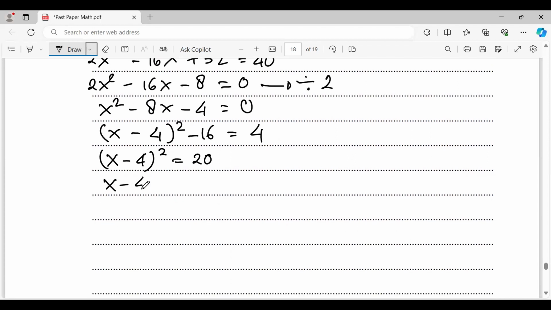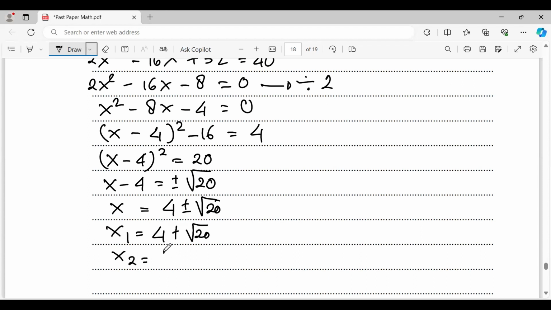So x minus 4 equals positive or negative square root 20. So x equals 4 plus or minus square root 20. So x1 equals 4 plus square root 20. x2 equals 4 minus square root 20.